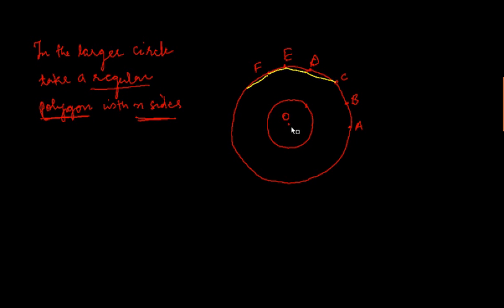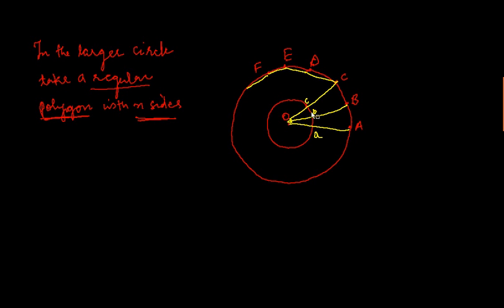Now join O with A, O with B, O with C, and so on. These lines will intersect the smaller circle at some points. Let us call those points small a, small b, small c, and so on. Now see this.